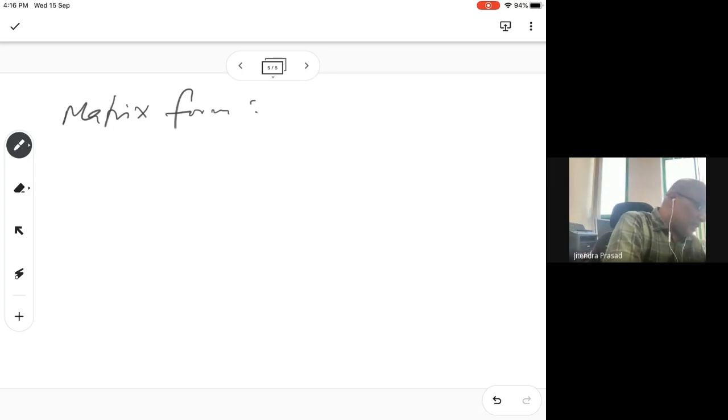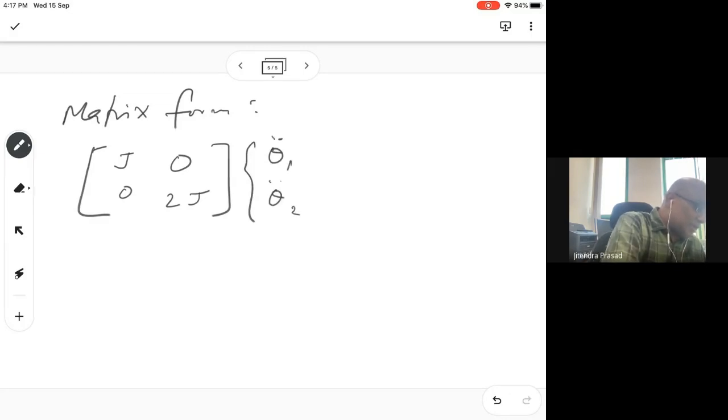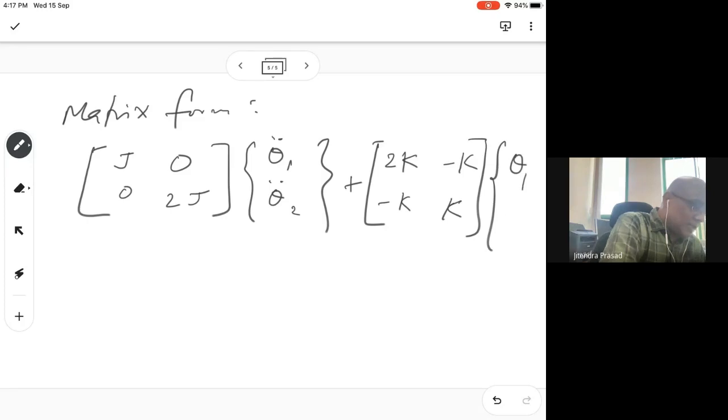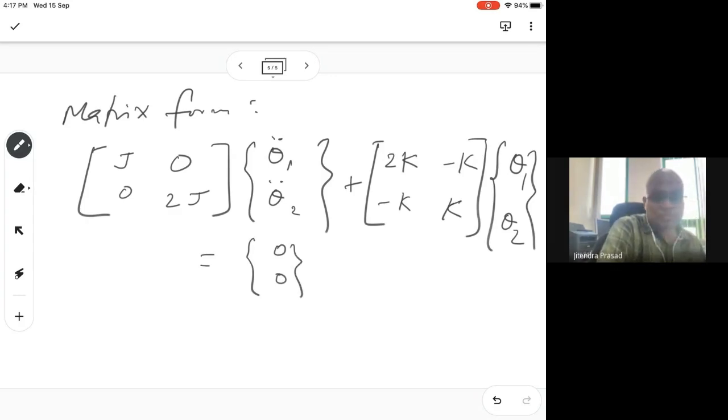The matrix form will look like [J 0; 0 2J] times [θ1 double dot; θ2 double dot] plus [2k −k; −k k] times [θ1; θ2] equal to [0; 0].